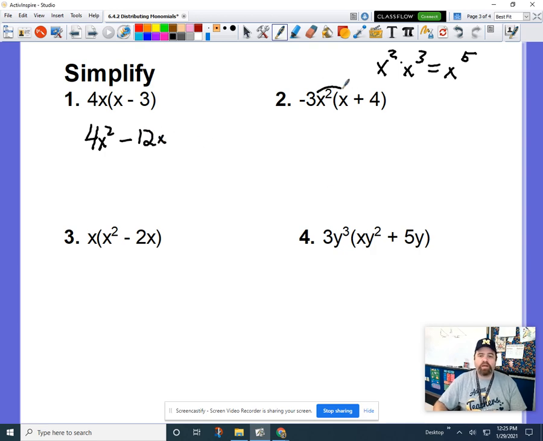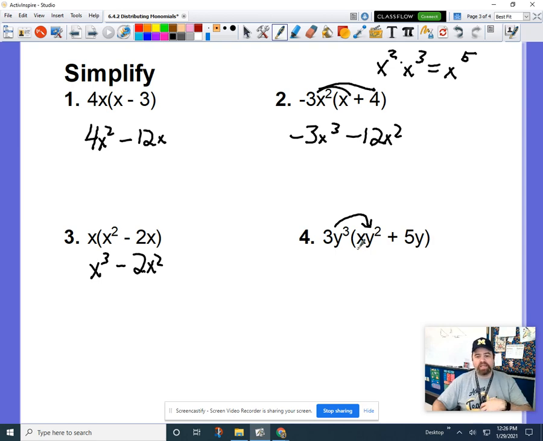All right, multiply here. And I'm going to go through these fast. Again, go back and do yesterday's stuff if you haven't. This is going to give me a negative 3x to the third minus 12x squared. I got an x to the third minus 2x squared. Oh, I got a new variable here. So when I do that, this term times this guy out front, there's nothing going to happen to the x because I'm not multiplying more x's into it.